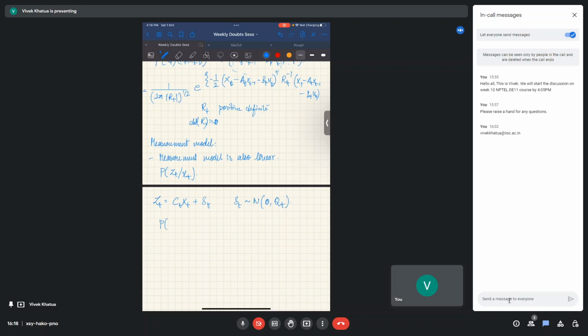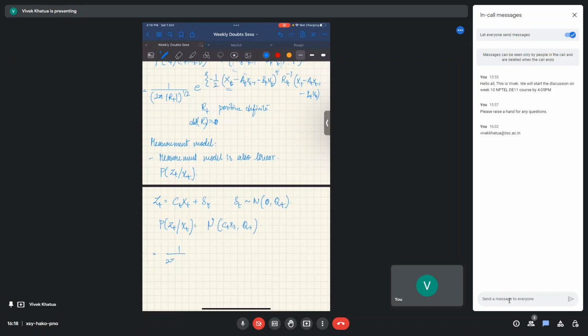So now we get our probability of zt given xt has occurred as nothing but a normal distribution of Ct xt comma Qt. You can substitute the same here. Instead of xt, there will be zt. Okay, let me just do it.